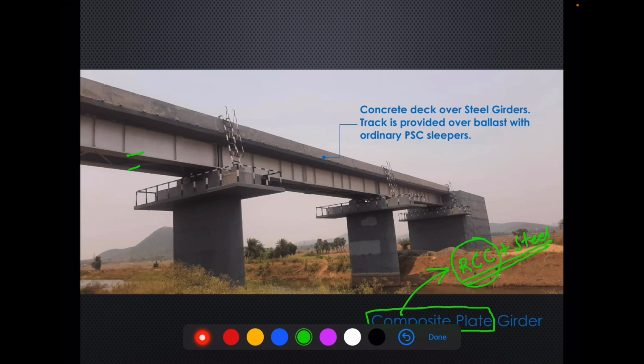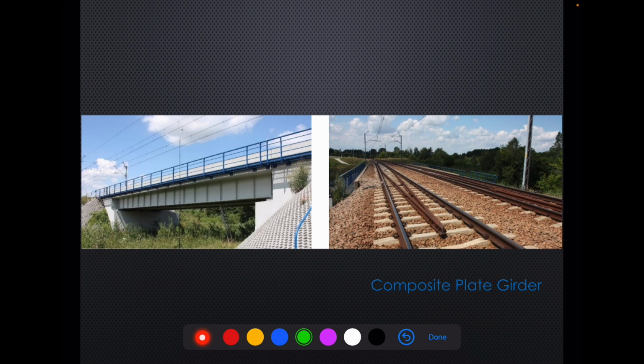The advantage of providing an RCC deck slab over the plate girders is that we can continue with the same system of track which our ordinary track has. So normally a concrete deck is provided over steel girders and track is provided over stone ballast with ordinary PSC sleepers. You will get more clarity on this when you look at this picture.